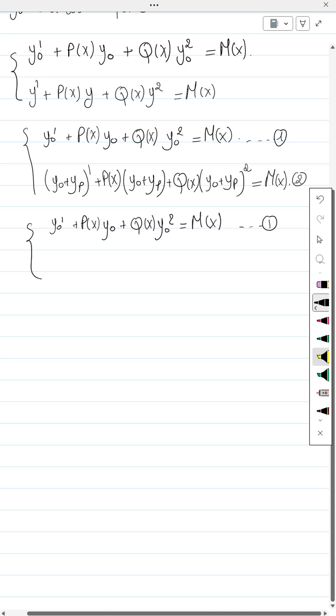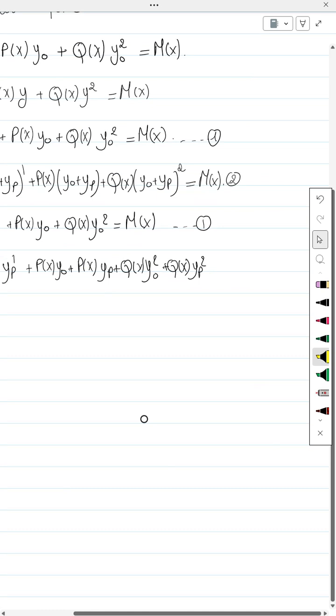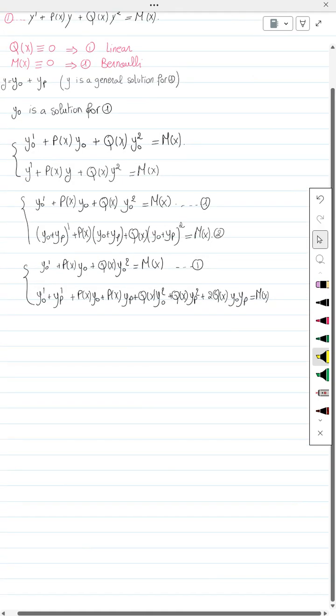Equation number 2 is y0 prime plus yp prime plus p(x) y0 plus p(x) yp plus q(x) y0 squared plus q(x) yp squared plus 2 q(x) y0 yp is going to be equal to m(x), and this is equation number 2.